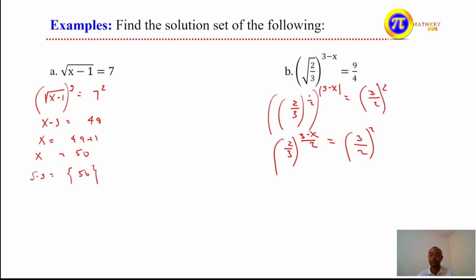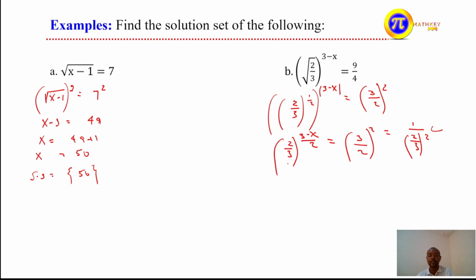You know that 3 over 2 is equal to 1 over 2 over 3, the whole squared. We can express this in another way. That means 3 over 2 squared is equivalent to 1 over 2 over 3 squared. Since the base of this is 2 over 3, the base of this one is 3 over 2. To solve such problems, we will try to make the bases the same.